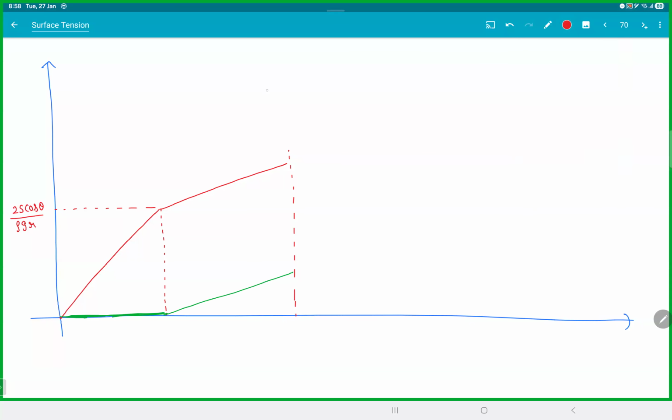Till the rate of change of h1 and h2, meaning the slopes, are the same.